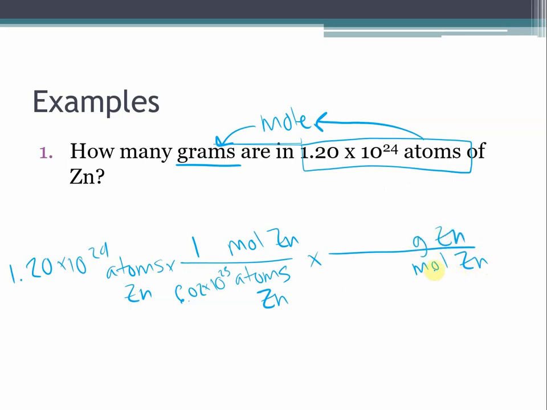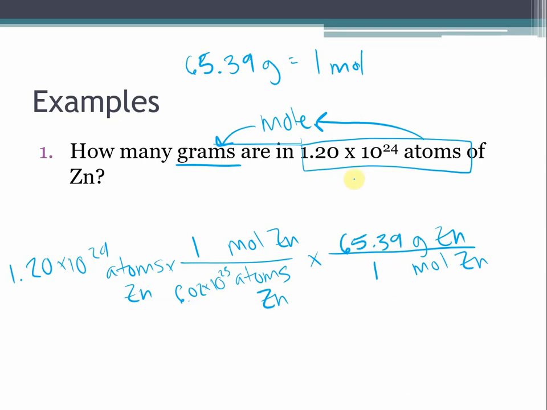We know how to go between grams and moles. That's with our molar mass. So the molar mass of zinc, what is the molar mass of zinc? The molar mass of zinc is 65.39 grams in every 1 mole of zinc. So to fill in our conversion factor, we'll do 65.39 grams in 1 mole.